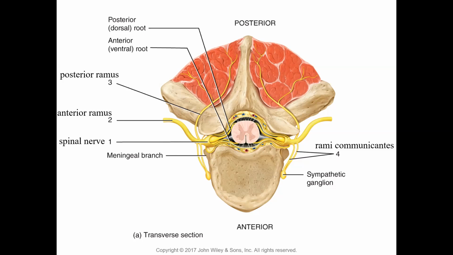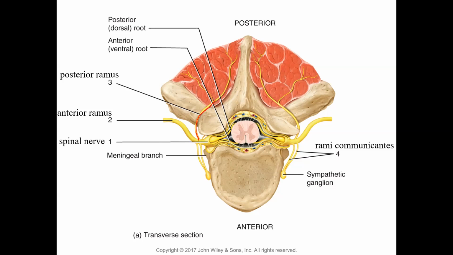So when a spinal nerve branches, it branches lateral to the intervertebral foramen, all right? So this is outside the intervertebral foramen where the spinal nerve has its branches. It has a posterior ramus. This one coming out here is the posterior ramus. This posterior ramus innervates the muscles of the back, all right?